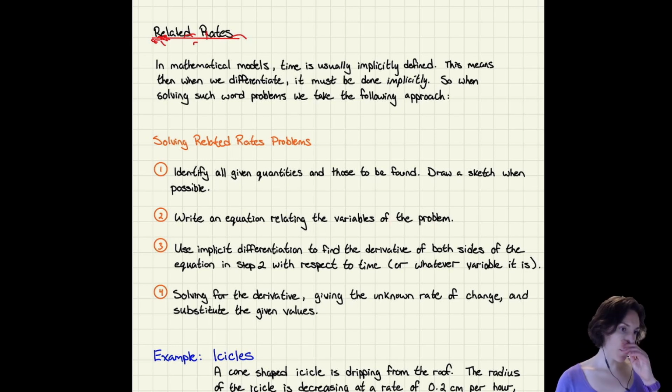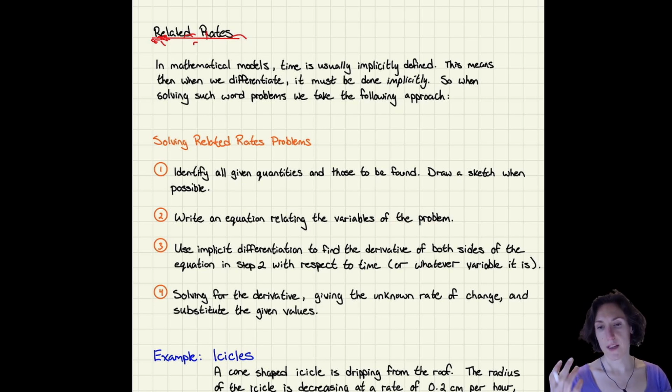So the first example we're going to do has to do with an icicle that's dripping, and it's getting longer, but it's also getting skinnier, not quite as wide. An icicle would be in the shape of a cone, so you would use the equation of a cone. If you're talking about bacteria that's growing in a circle and spreading outwards, you would use the area of a circle. So usually it's somehow related to either volumes or areas.